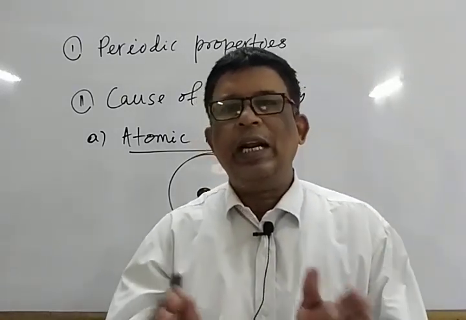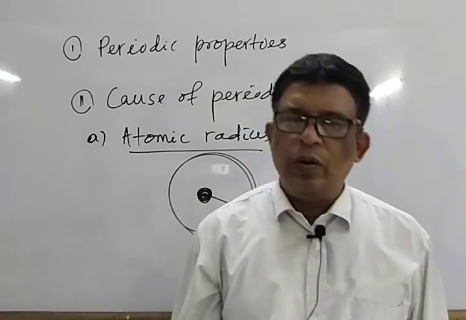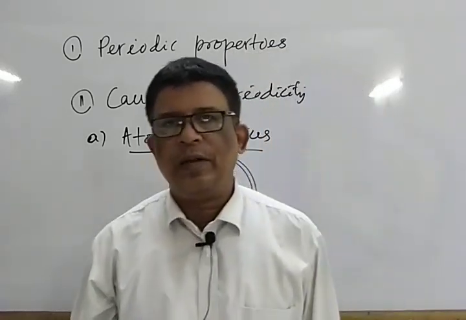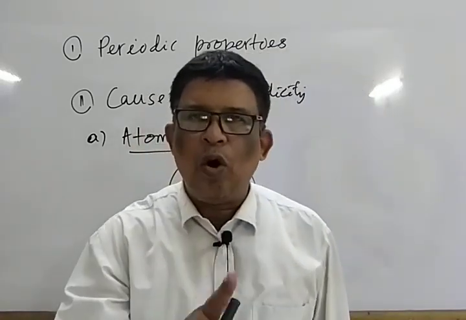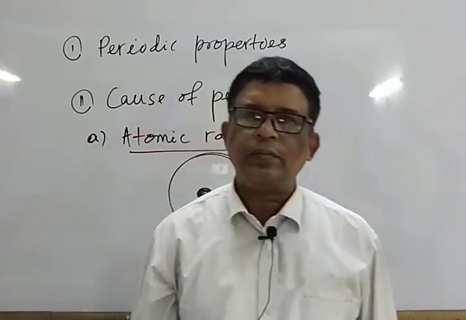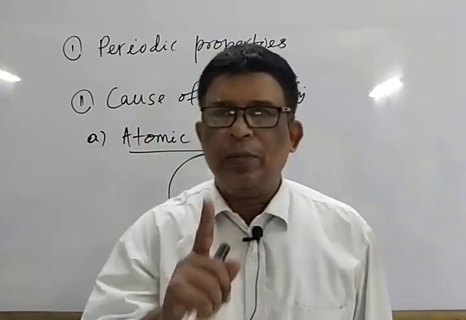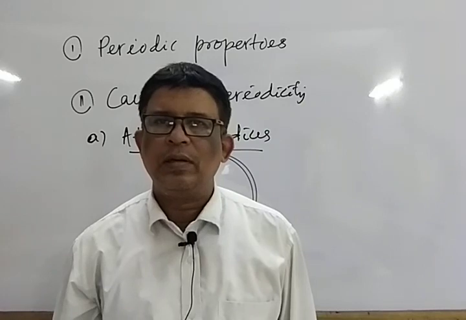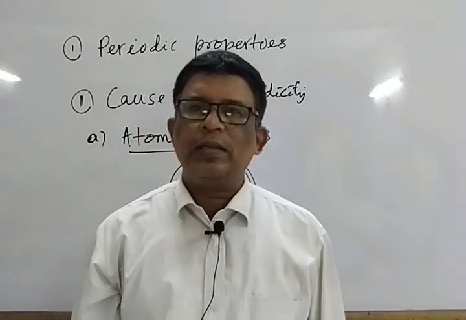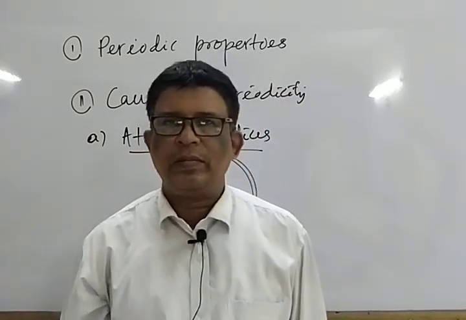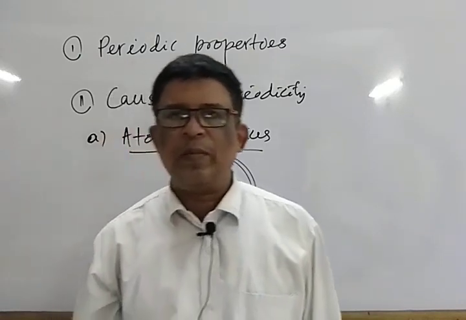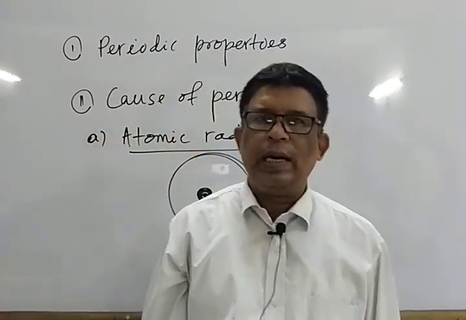There are three different ways to express the atomic radii. One is known as covalent radius, one is known as van der Waals radius, and one is known as metallic radius. Let us discuss one by one. Point one, covalent radius.